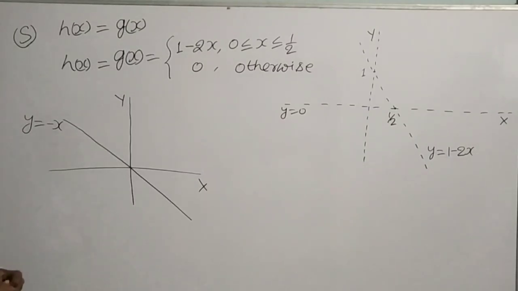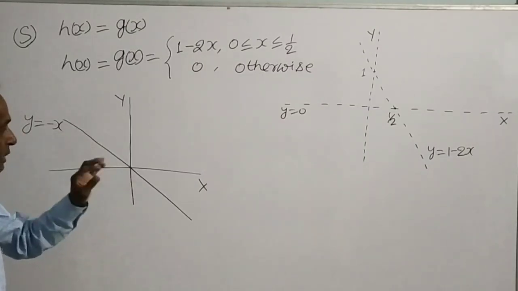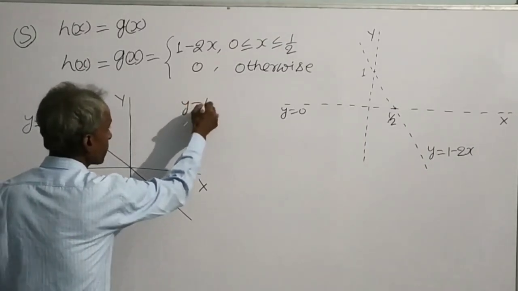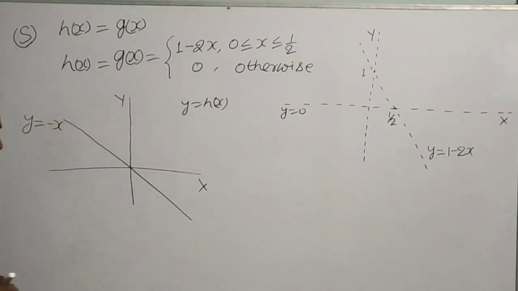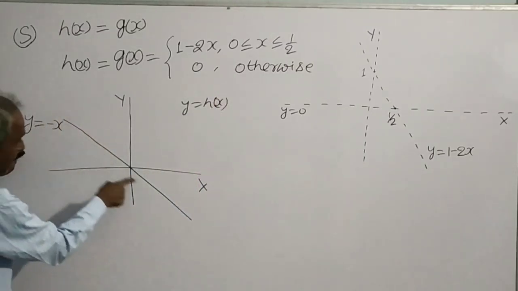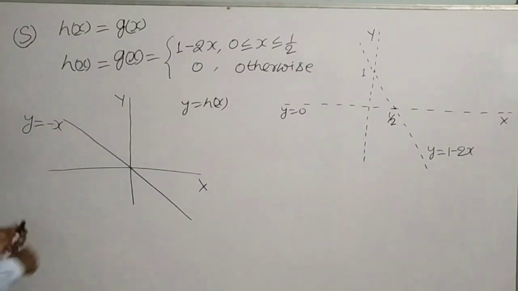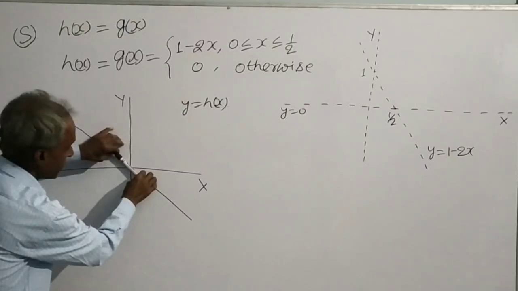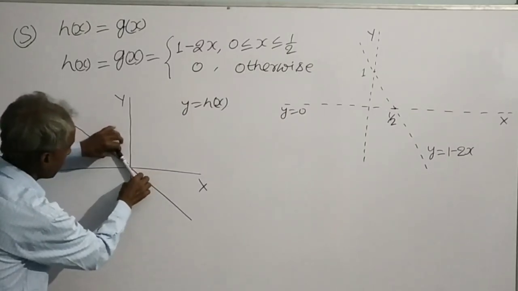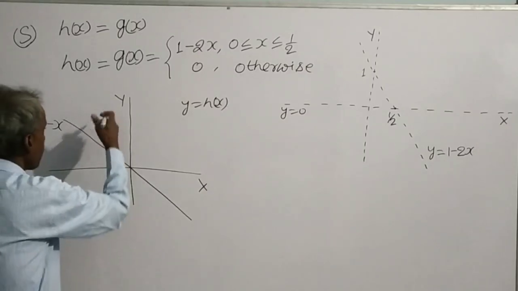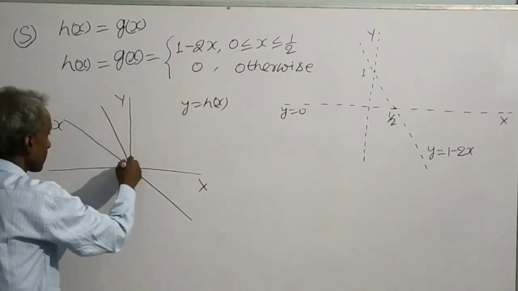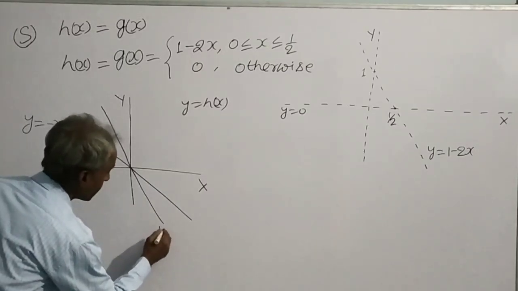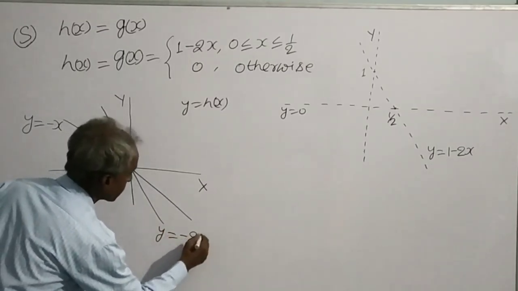Now we want to draw the graph of y is equal to h(x). This is a straight line, y is equal to minus x. When we rotate this line about the origin a little in the clockwise direction like this, then we get the line y is equal to minus 2x.